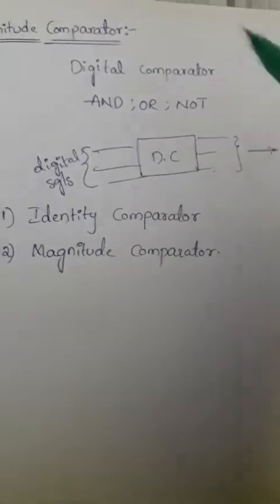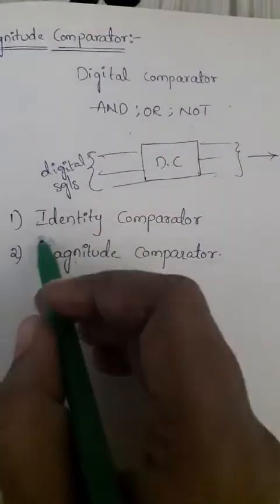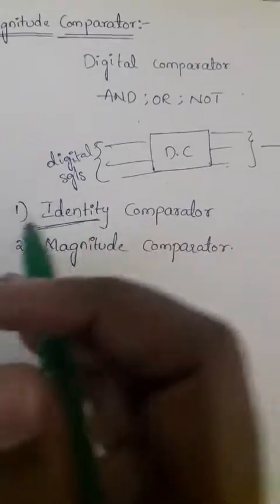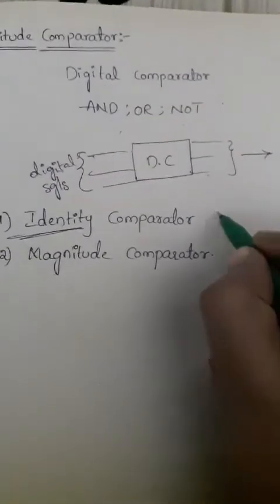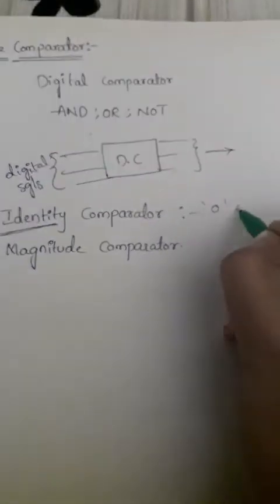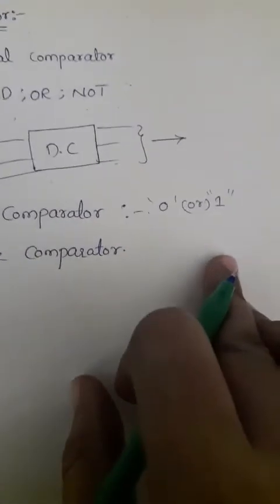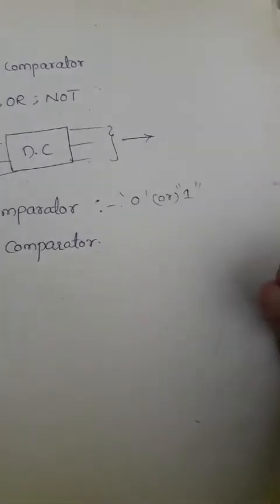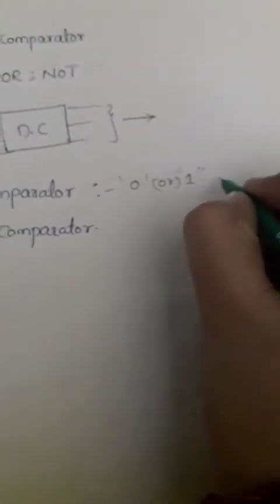First, the identity comparator. From the name itself, identity, it produces a single output, either 0 or 1. When A equals B, either A equals B equals 1, or A equals B equals 0, it produces the output for only that one condition.